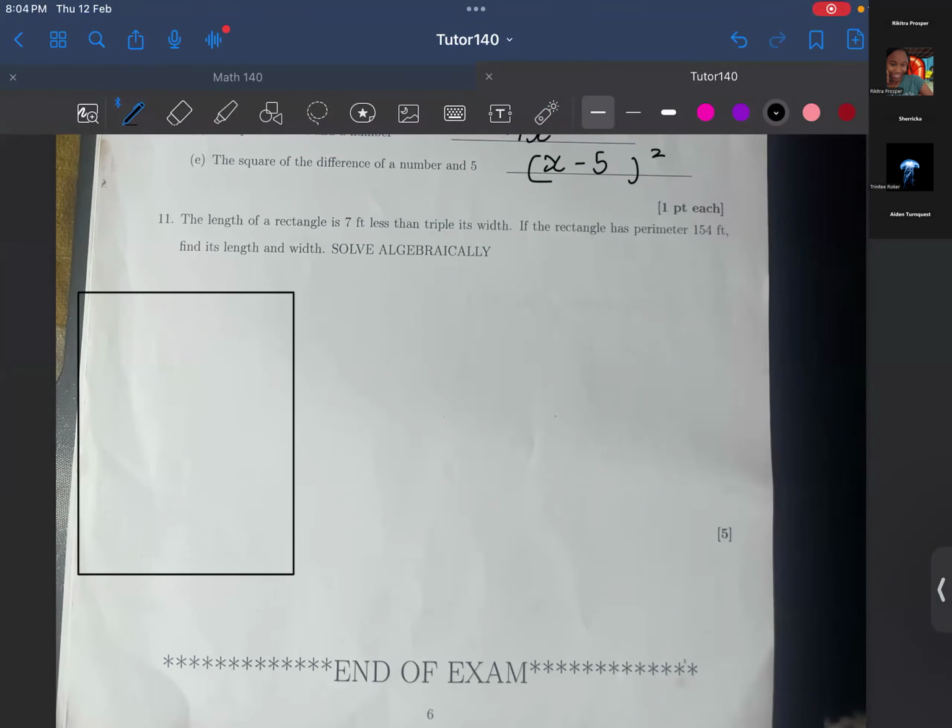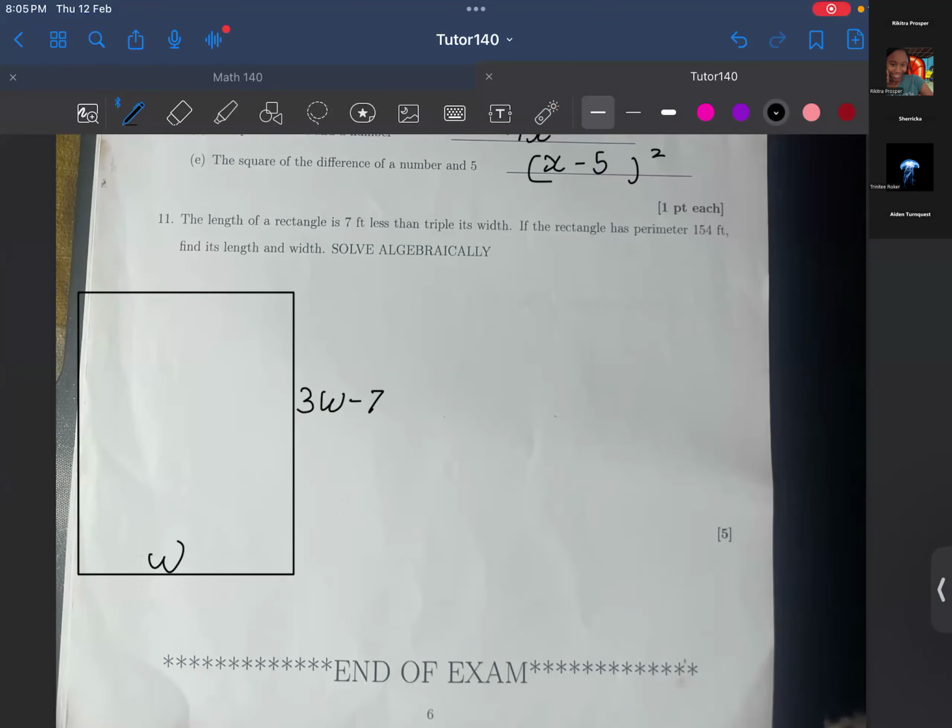Let's say the length is 7 feet less than triple its width. So length is triple width minus 7. We're just going to put our width here.